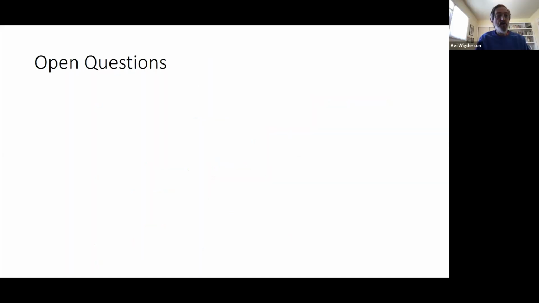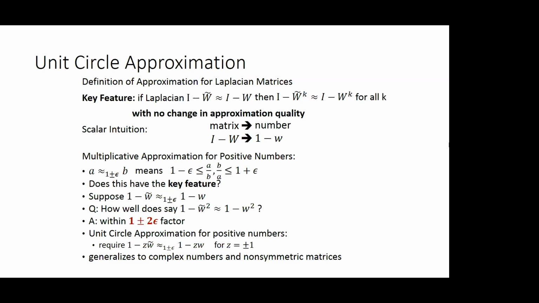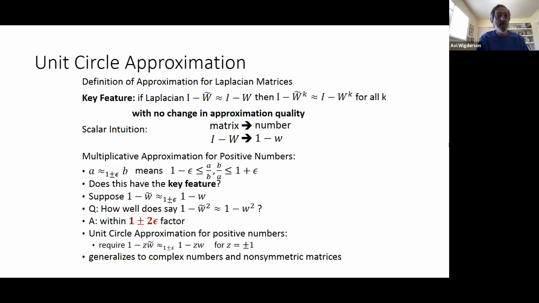So when you generalize to matrices, do you use a different phase shift for every possible eigenvalue, or just one phase shift of the unit circle for the whole matrix? We require the approximation to hold for all values of Z on the unit circle. I see. So you use a definition of the matrix times the vector, and then you compare the vectors.